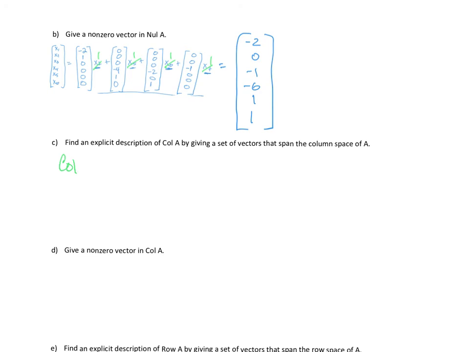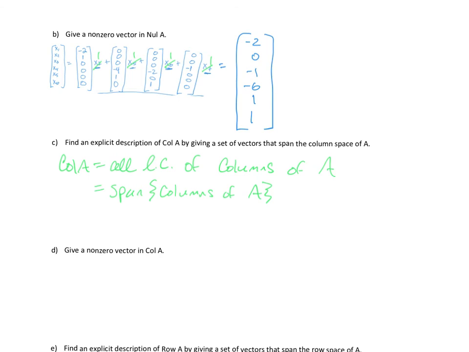So col A is all linear combinations of the columns of A, which is the span of the columns of A. So all I have to do is list the columns of A here, and I have a spanning set for col A.